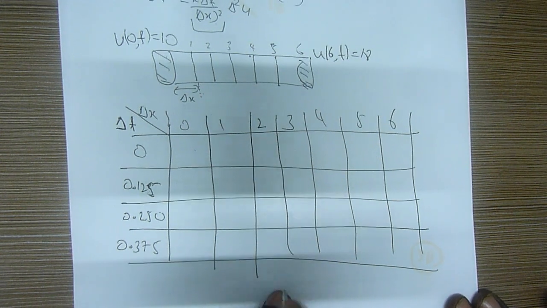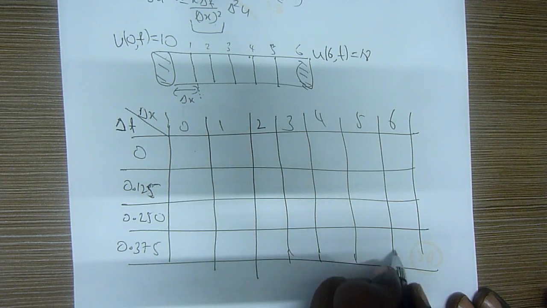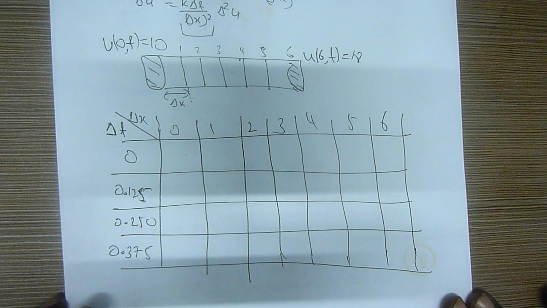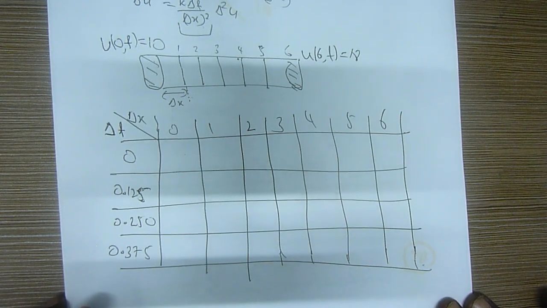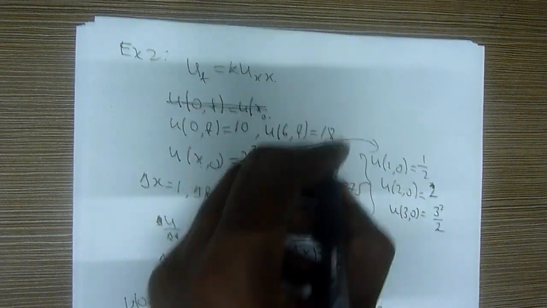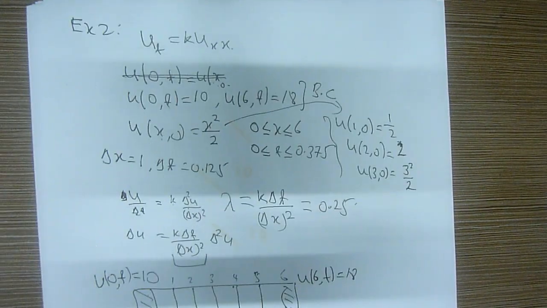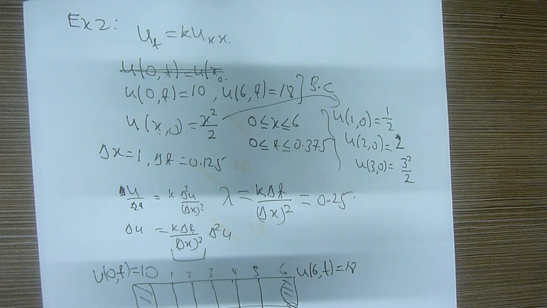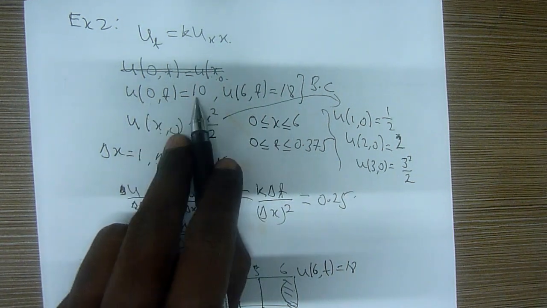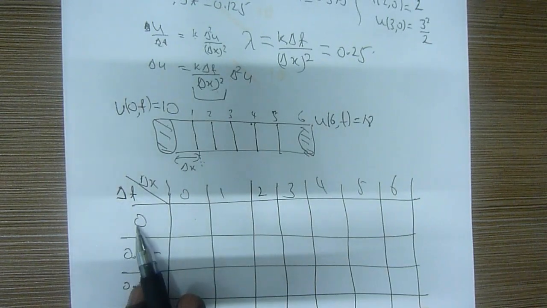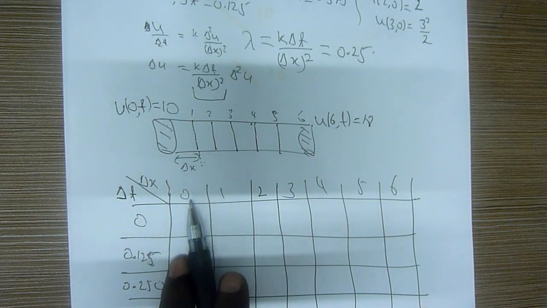Okay, first thing, as I told you before, you must fulfill the boundary condition. This is a boundary condition. You cannot challenge the boundary condition in any way. Again, I repeat several times. U at 0, t is 10; u at 6, t is 18. Look at this. X here, del x.